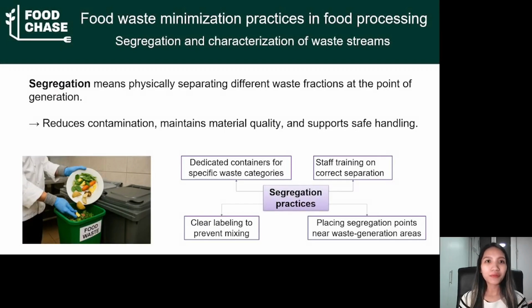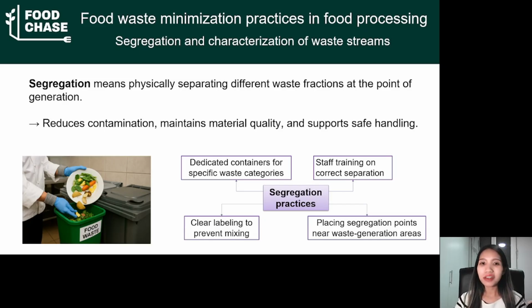An effective food waste minimization starts with a good understanding of the composition, characteristics, and variability of food waste. Segregation means physically separating different waste fractions at the point of generation. This action reduces contamination, maintains material quality, and supports waste handling.